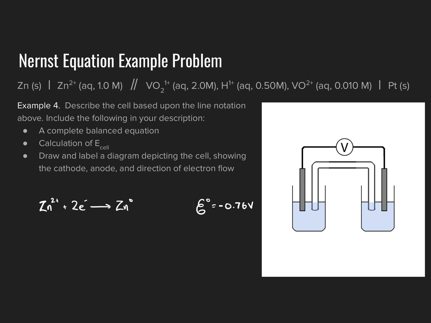Now for the other one, that is this half reaction involving these vanadium oxide species, I find here on my table of reduction potentials a reaction described as VO2 1 positive, plus 2 hydrogen ions, H1 positive, plus an electron, reacting to form VO 2 positive, plus water, H2O. And this is listed on my table with a standard reduction potential of 1.00 volts.